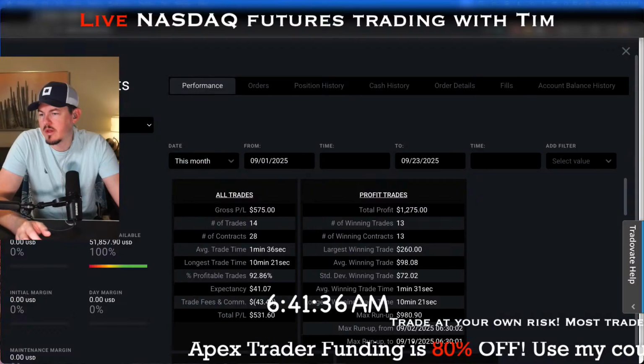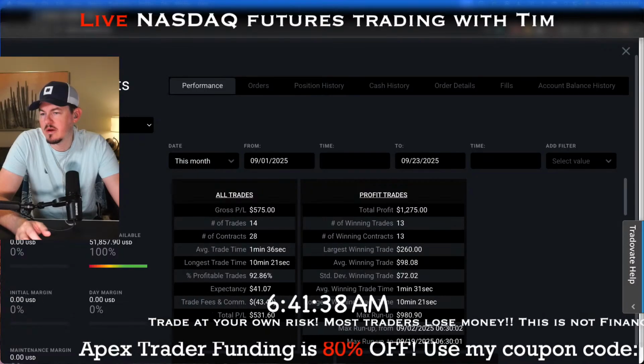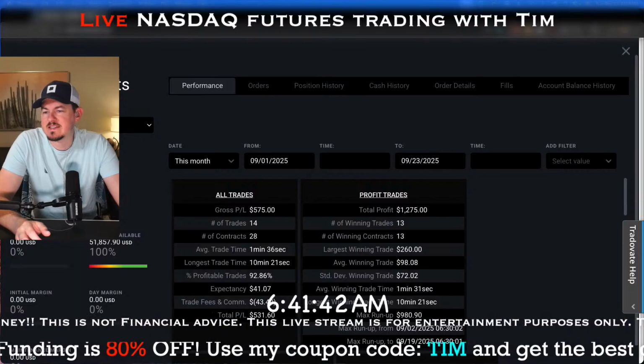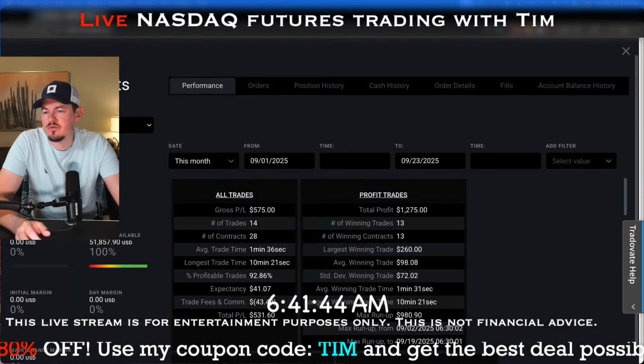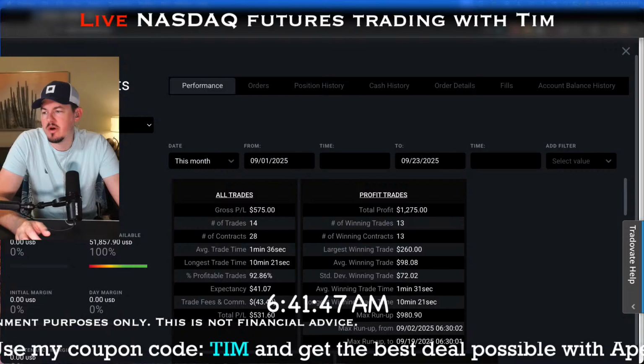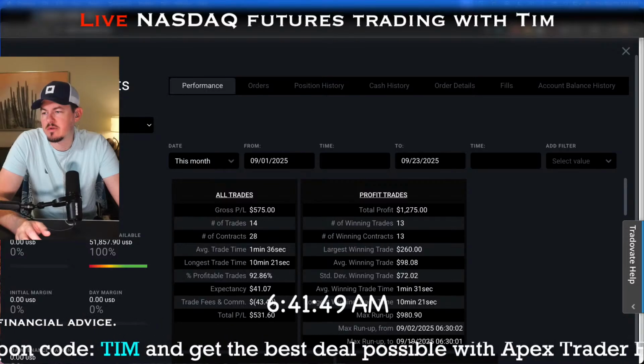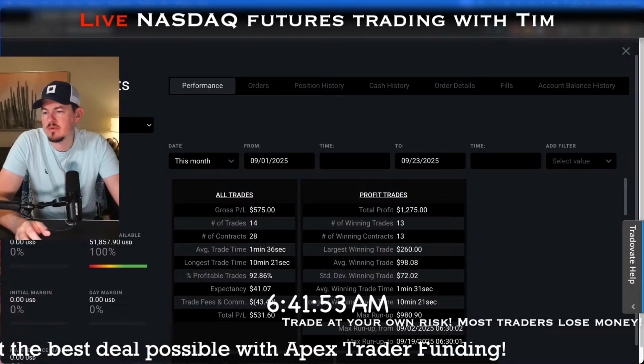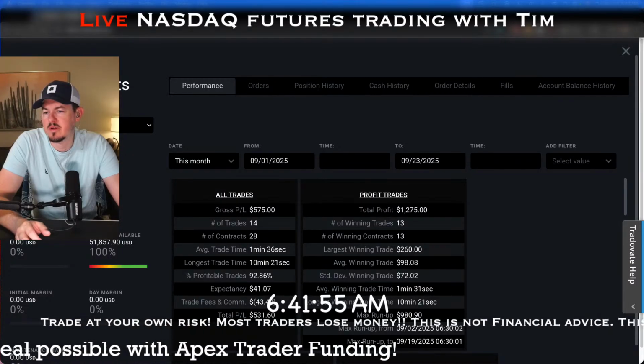It locks and becomes static, non-trailing, once the profits exceed the drawdown limit by $100 on Simfund accounts. Example, a 50K account with a 2,500 drawdown limit.